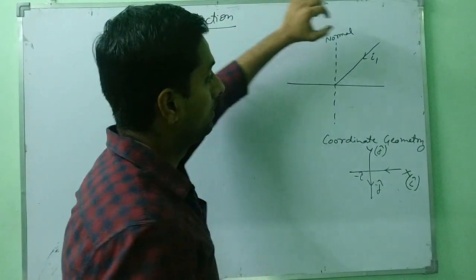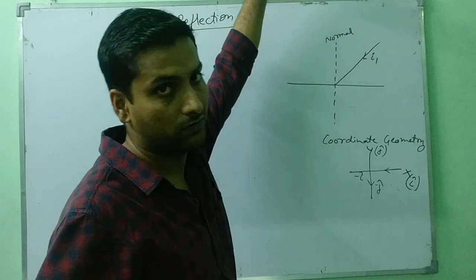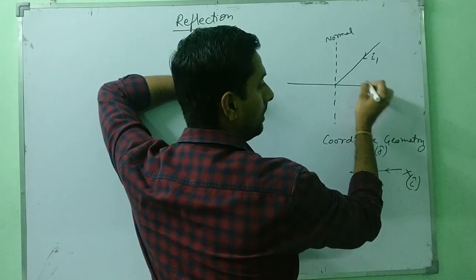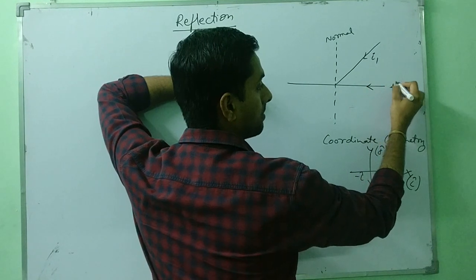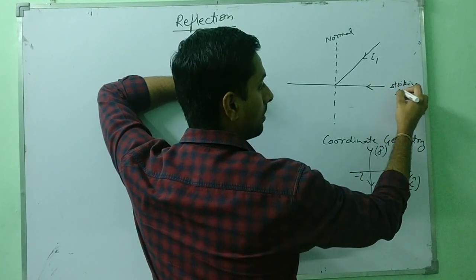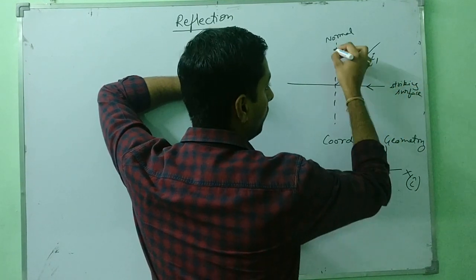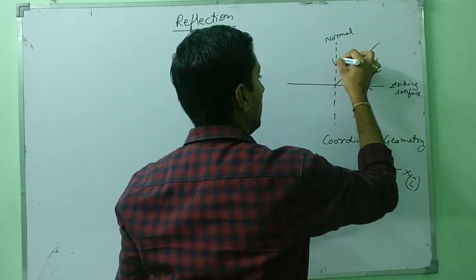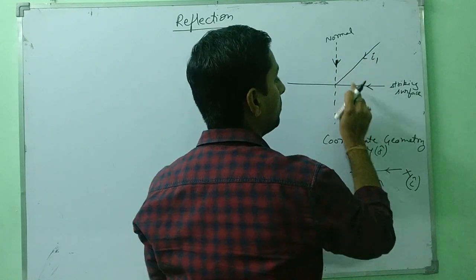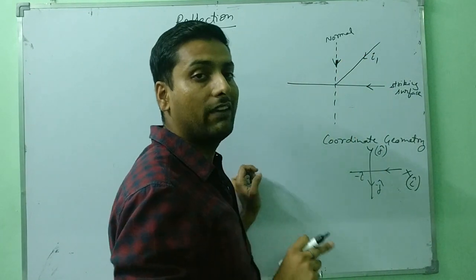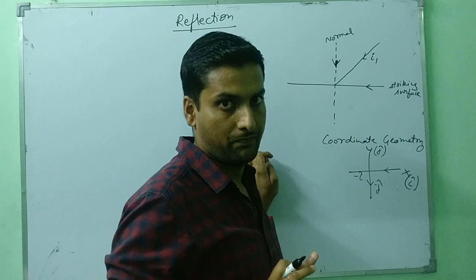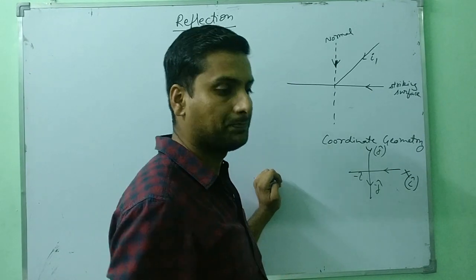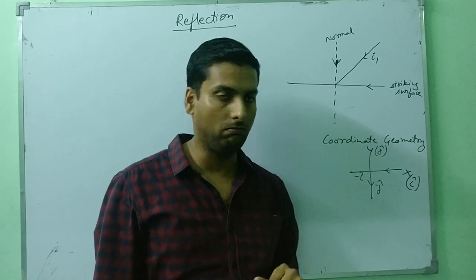So here, there are two components of ray I1. What are the two components? One is parallel to the striking surface, and one is perpendicular to the striking surface. The one parallel to the striking surface never changes its direction, and the one perpendicular to the striking surface reverses its direction.